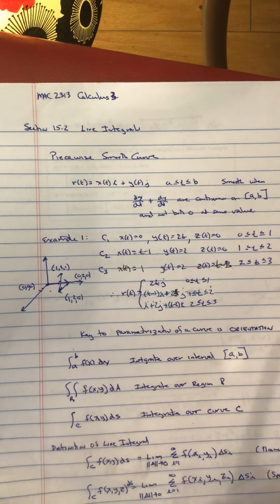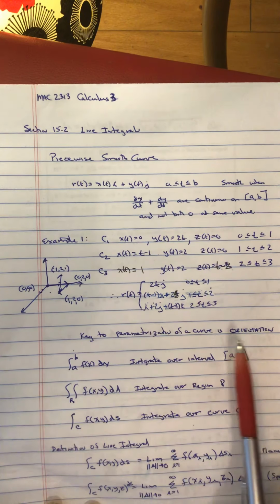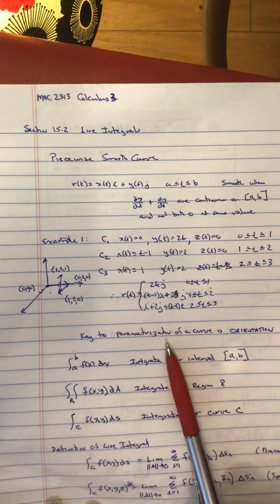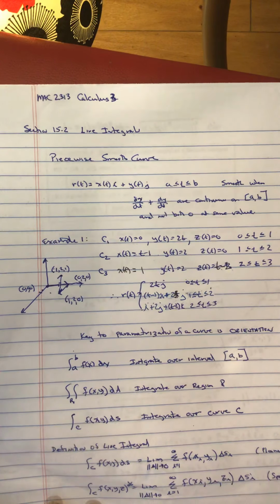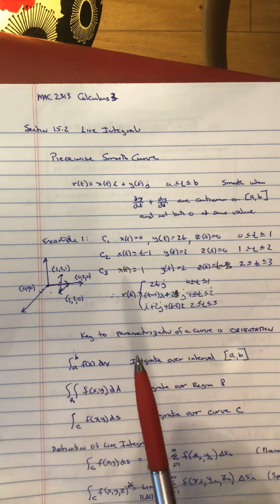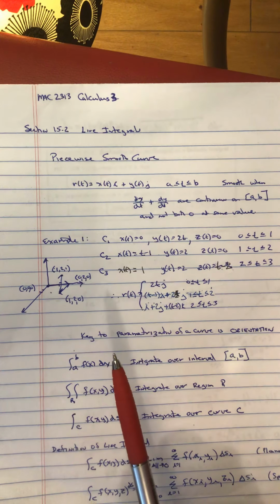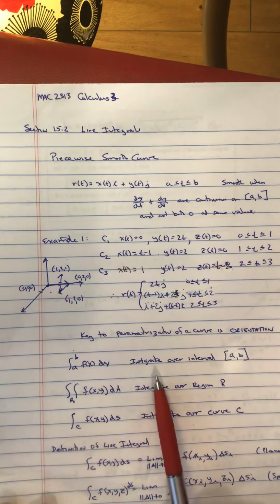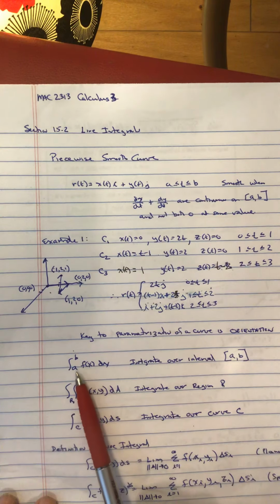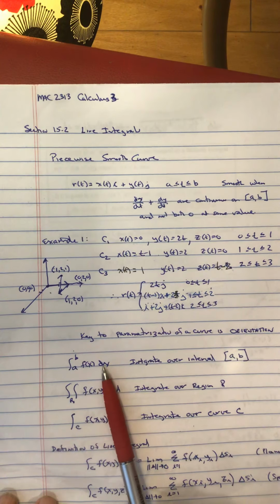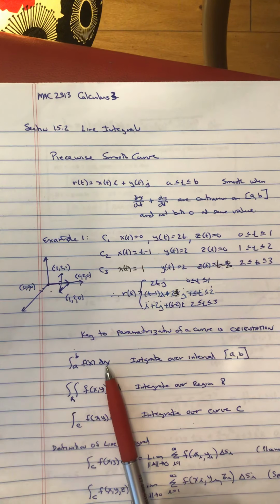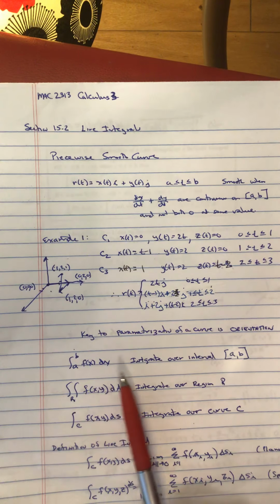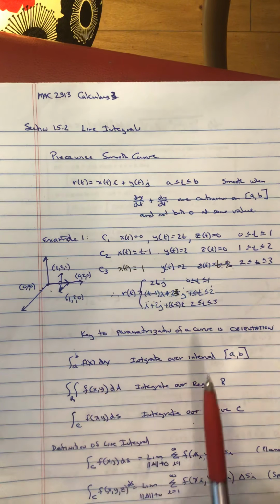So the key to parameterization of a curve is the orientation. We have to be able to look at the orientation and know how it's going. We've talked about the integral from a to b of f of x dx, those kind of single integrals.